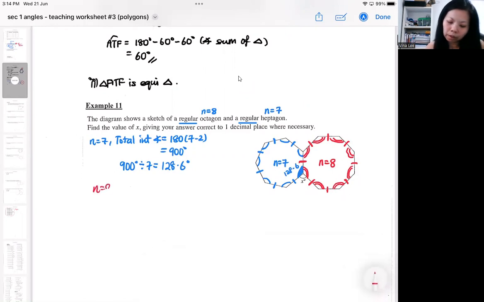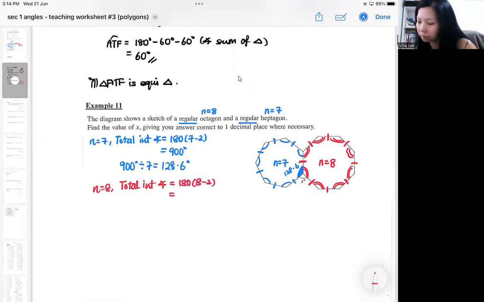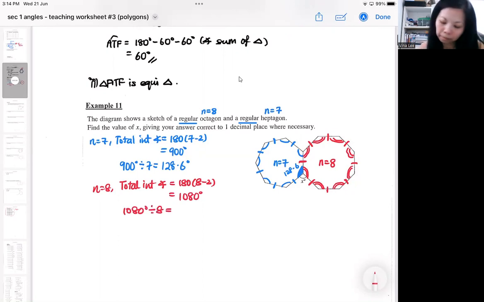So for the octagon, same thing, you find the total interior angle. And then to find each of the interior angle, you divide by 8. So all these are 135.